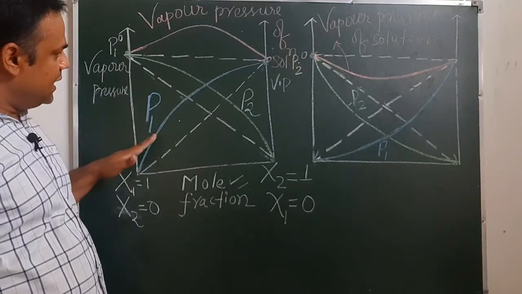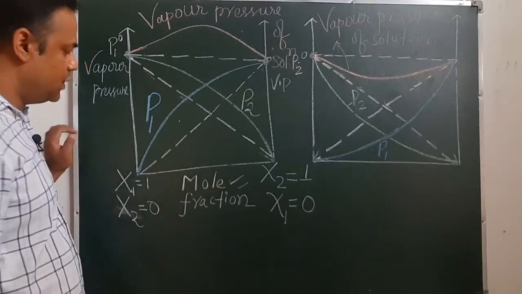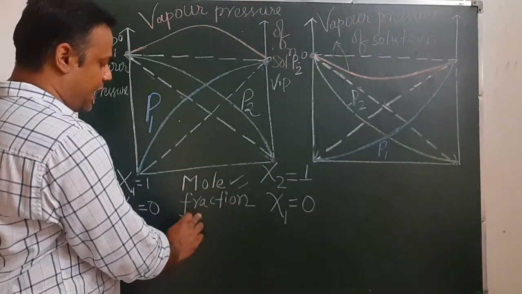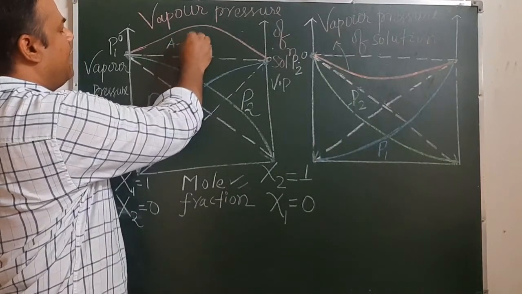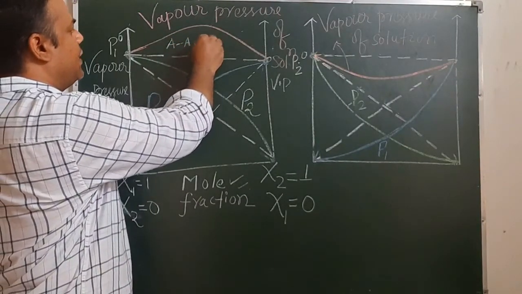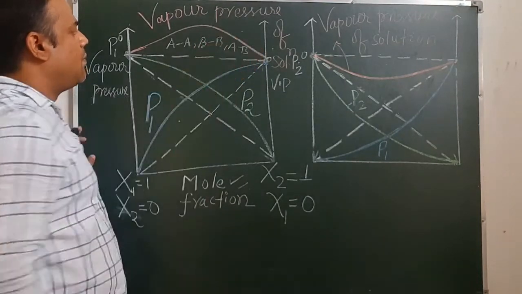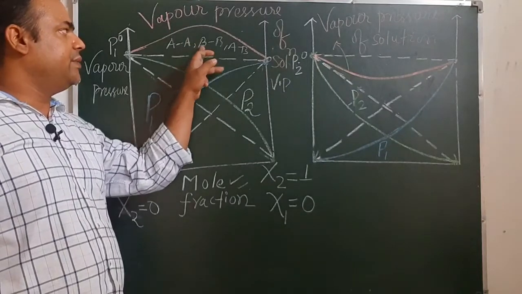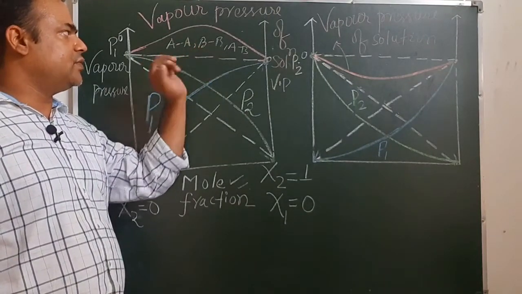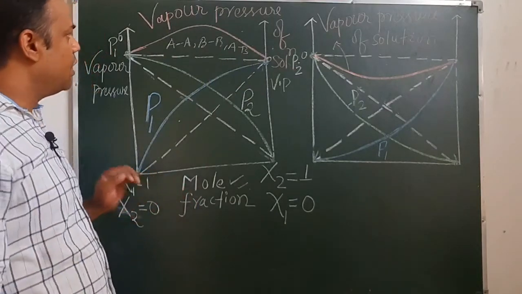We can see that in the pure state or in the ideal cases, suppose we have solute particle A, and then BB and AB. AA is indicating interaction between solute, BB is indicating interaction between solvent, AB is indicating interaction between solute and solvent.